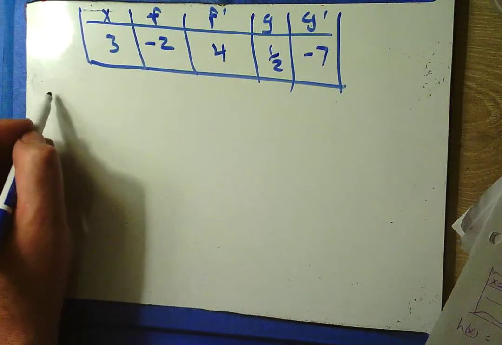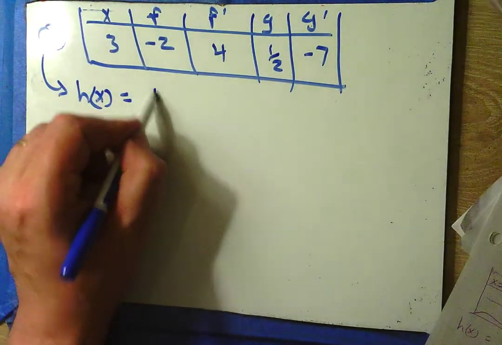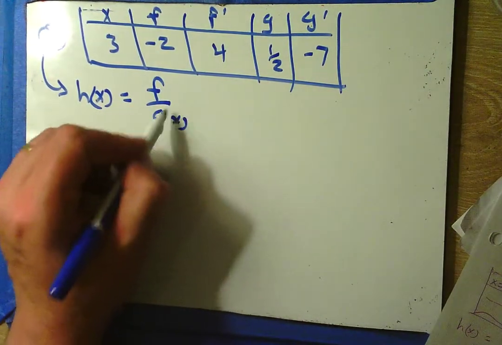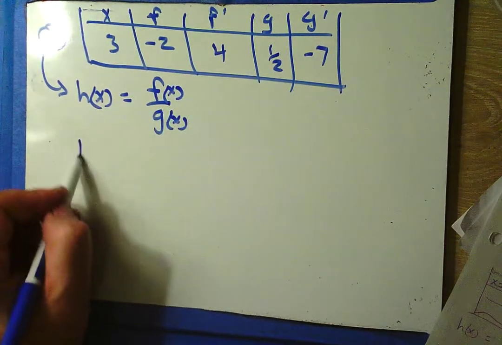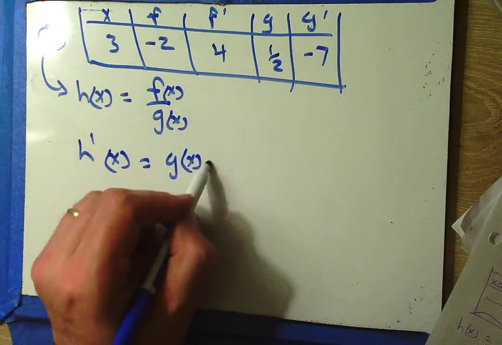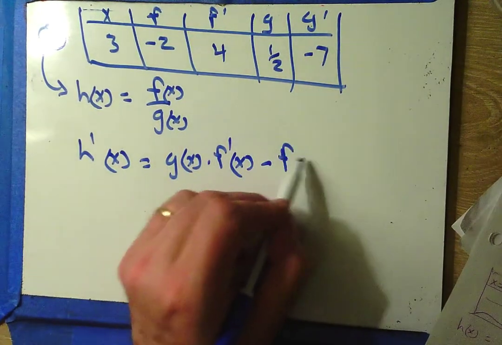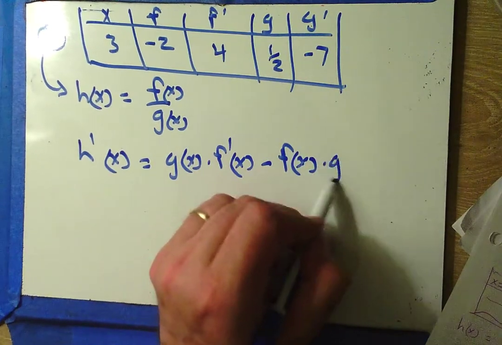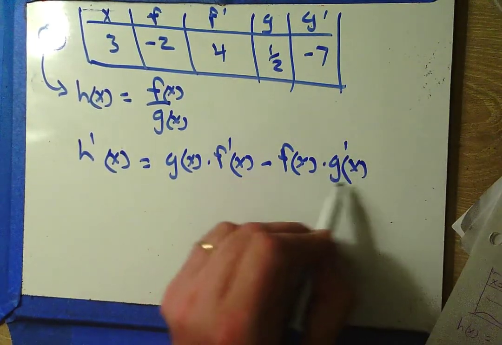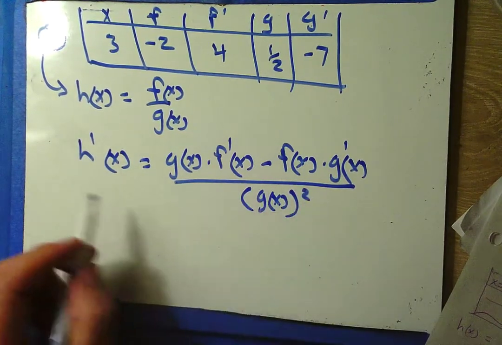Okay, so number 4, h of x equals f over g. So h prime of x is going to be low d high minus high d low over low squared.